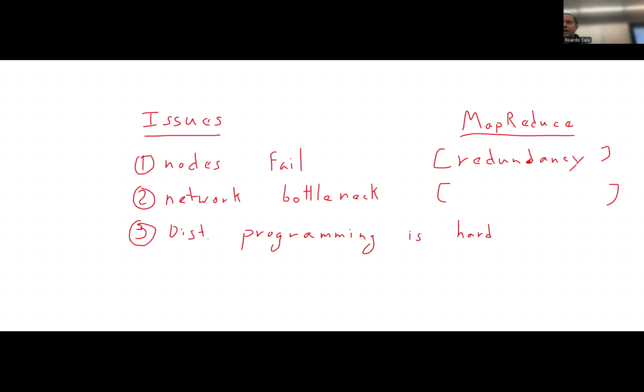So instead of sending the data to the program, you send the program to the data. You say, this has a batch of 50,000 books, that has a batch of 50,000, and you send a count function to all of them so that you do not move the data. You do the processing there. And once you have the results, that's usually much smaller, and that can be moved across the network. Does that make sense? So that's essentially what's happening.